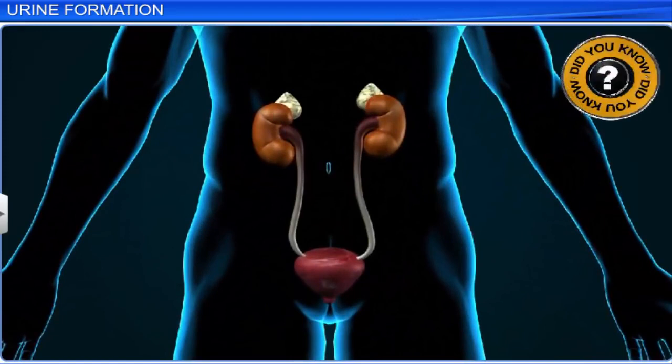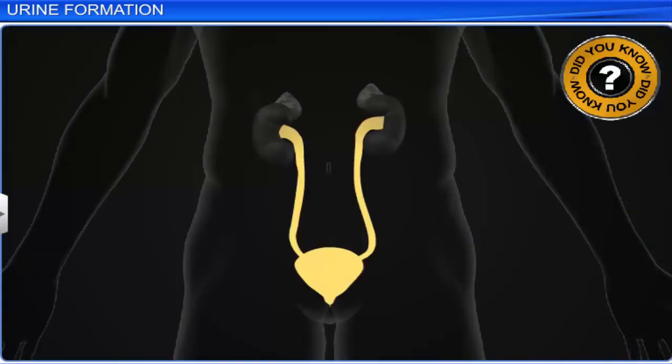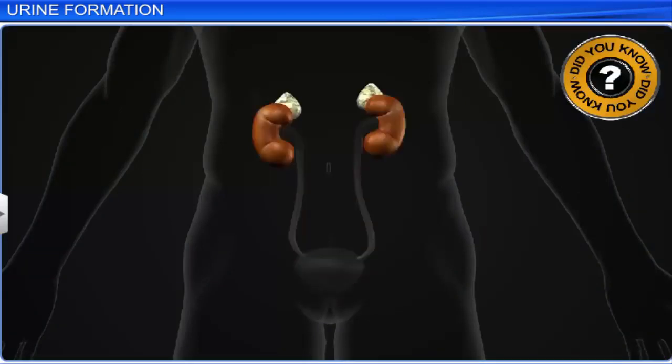Did you know that of the 180 liters of glomerular filtrate formed per day, the amount of urine released is just 1.5 liters? This is because about 99% of the filtrate is reabsorbed in the renal tubules during the process of reabsorption.